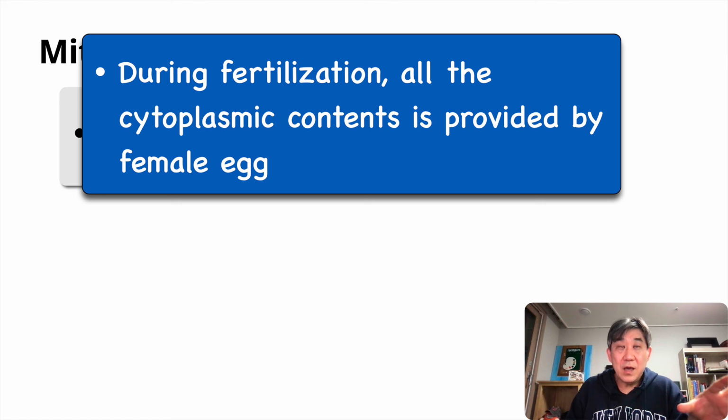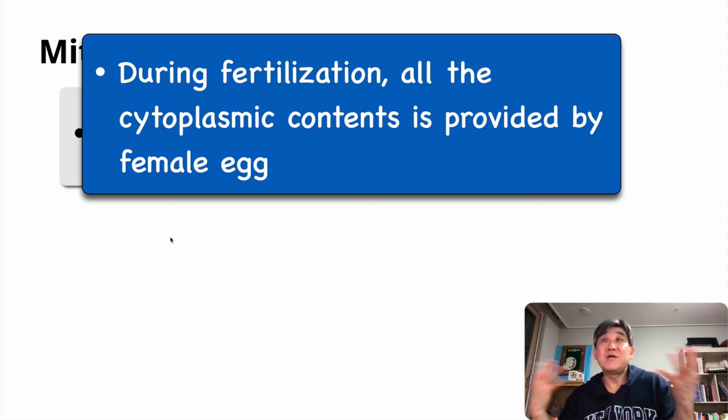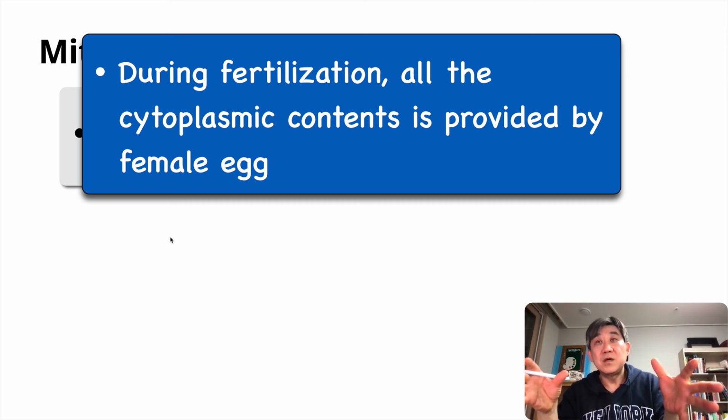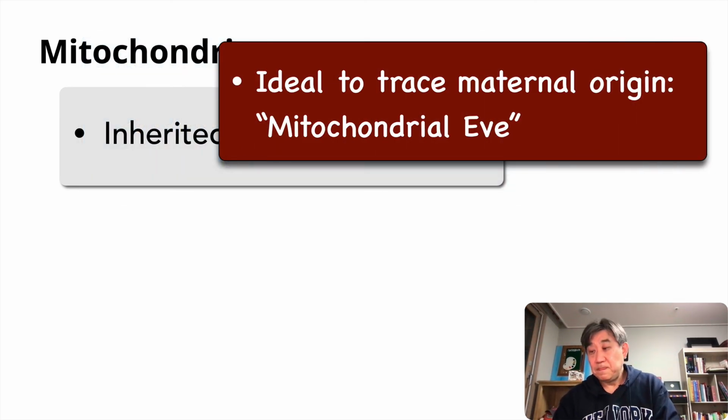The reason you only get your mitochondrial DNA from your mom is that during fertilization, only the egg cytoplasm contributes to the zygote. So it is a very ideal item to trace the maternal lineage.